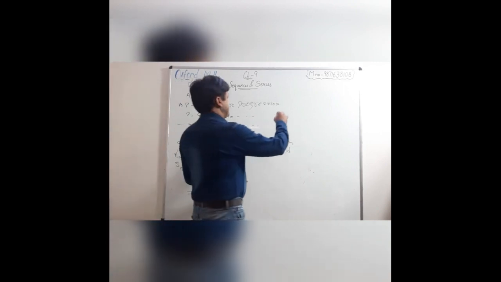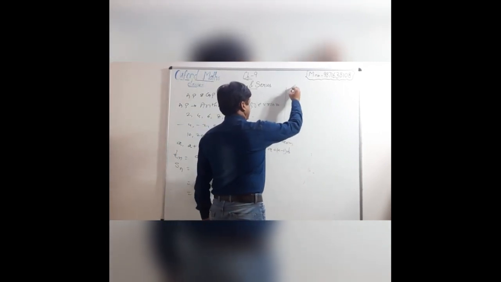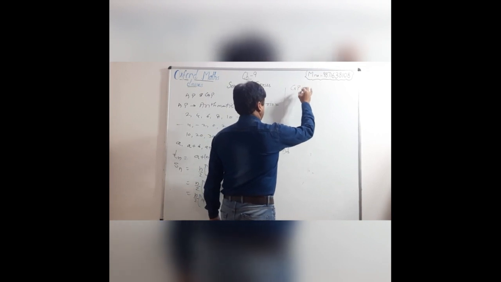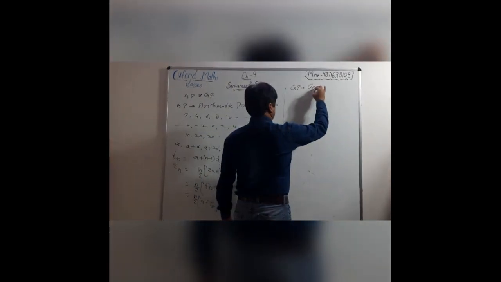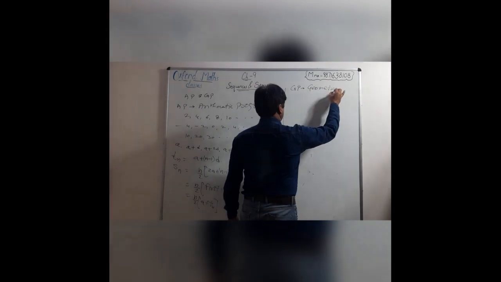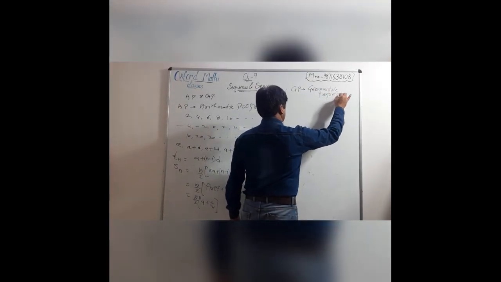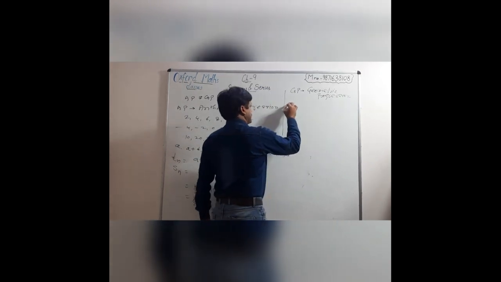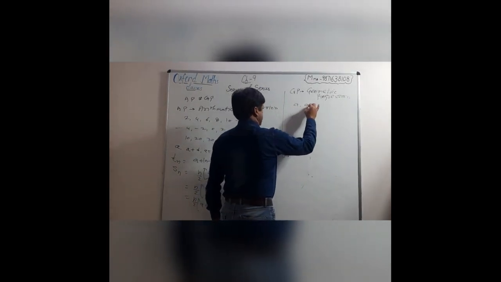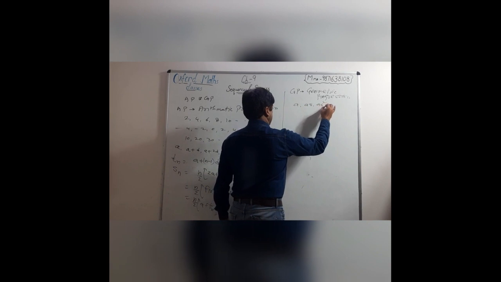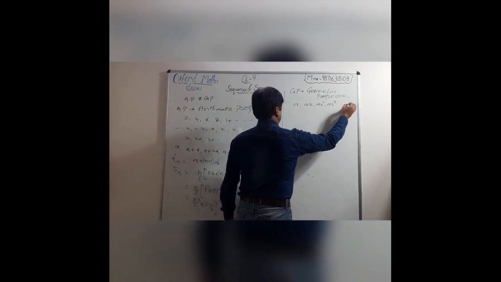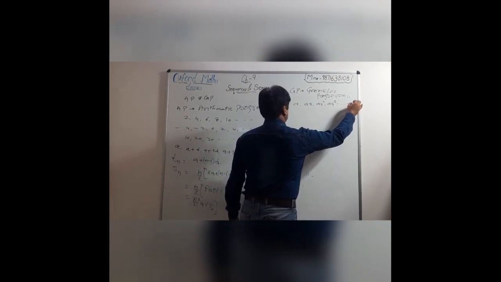Similarly, GP, geometric progression. The terms are a, ar, ar square, ar cube, and so on, up to ar to the power n minus 1.